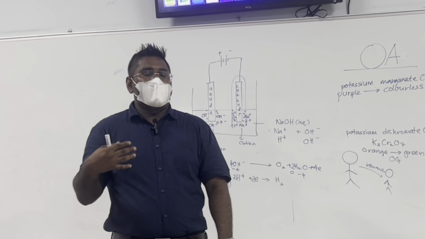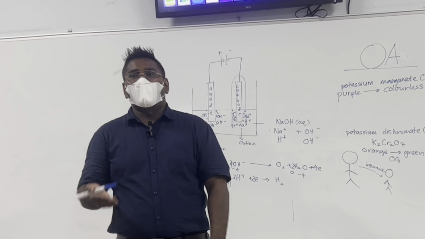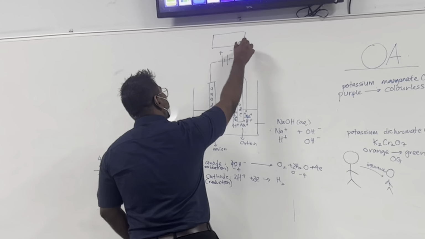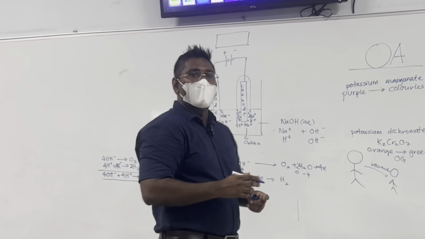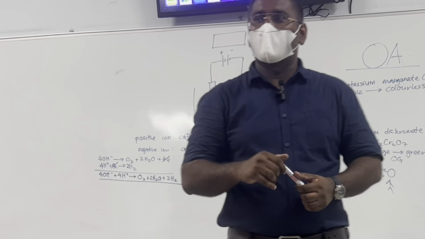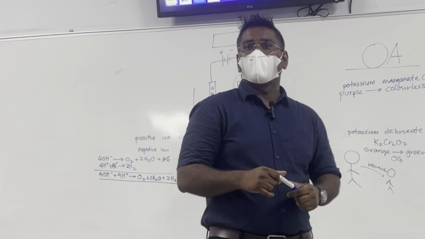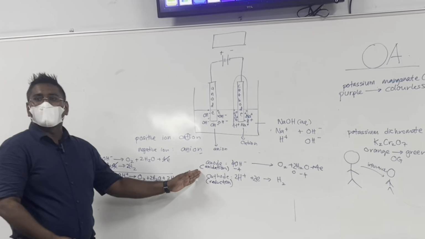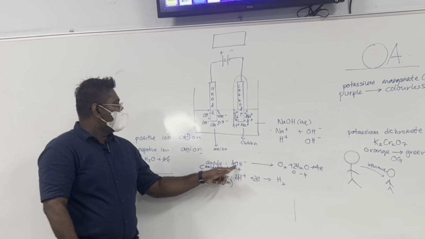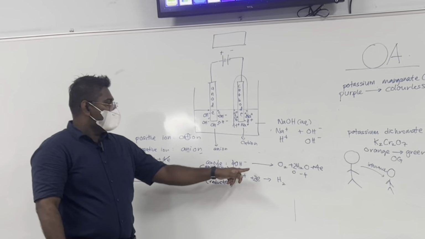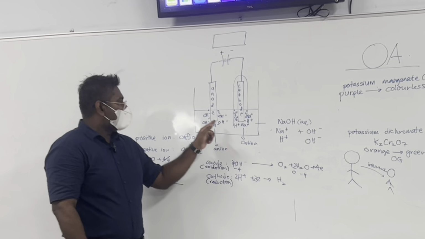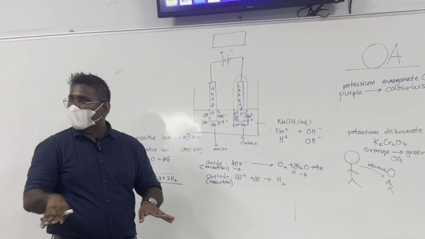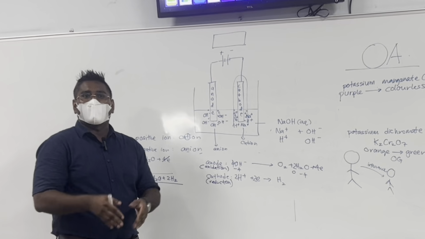Now, the question is, what is the movement of the electrons? In IGCSE this is quite popular: draw the movement of the electrons, to the right or to the left. How? Just look at this equation. 4OH⁻, the OH⁻ is losing the electrons. And electrons do not swim, so they have to move to the external circuit.